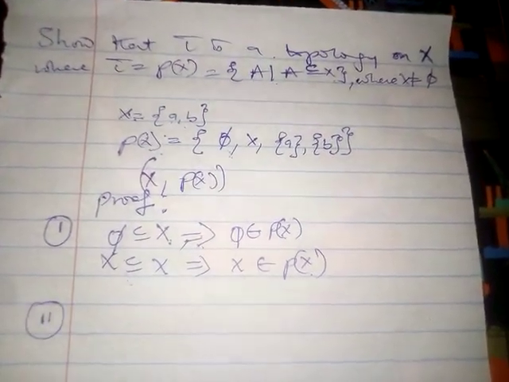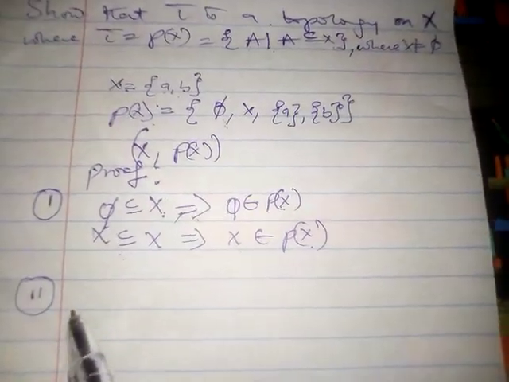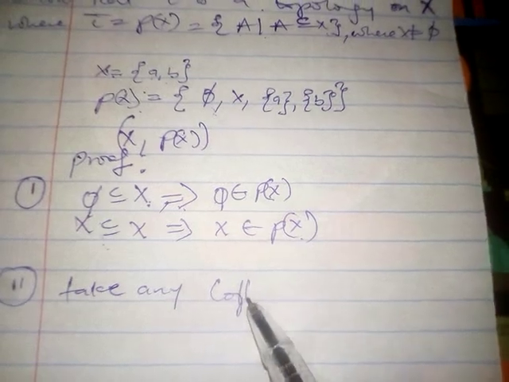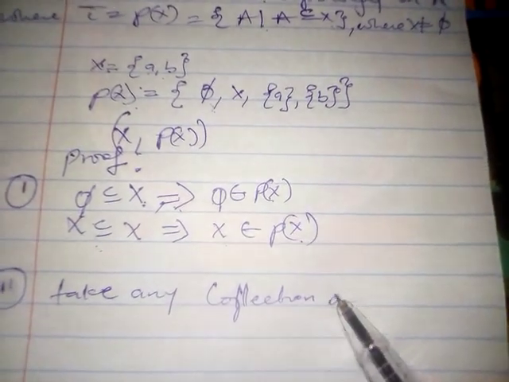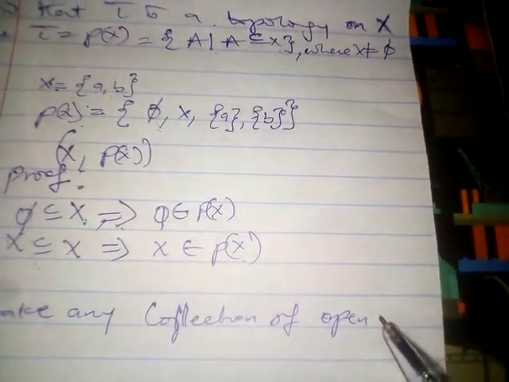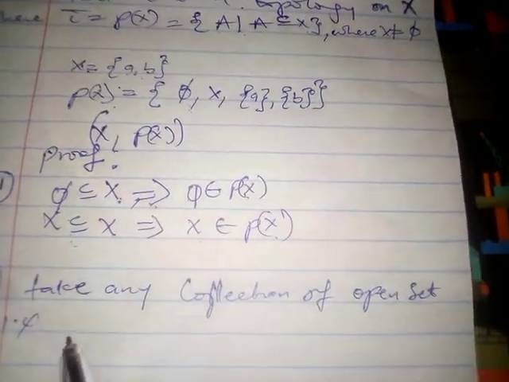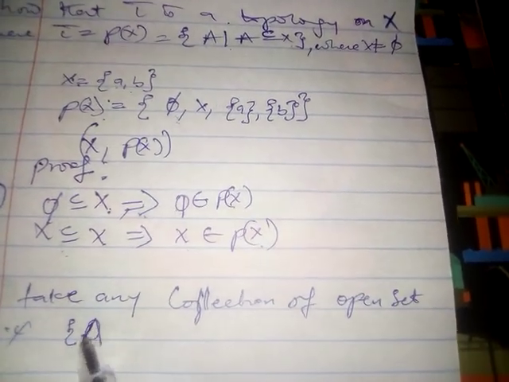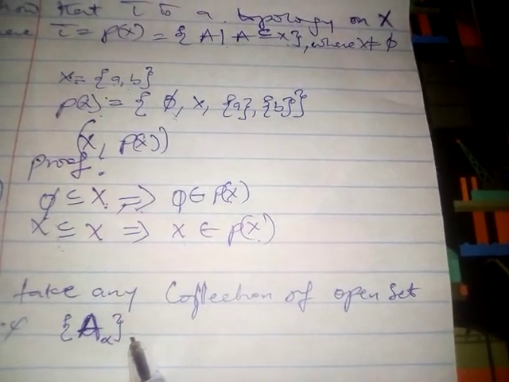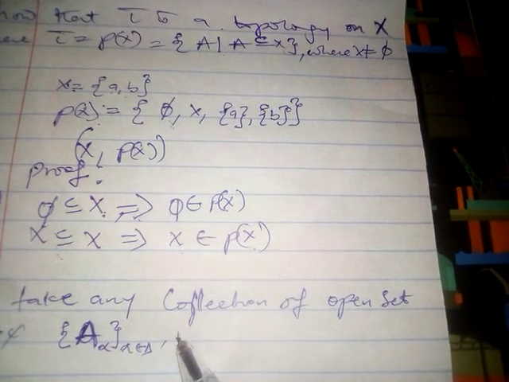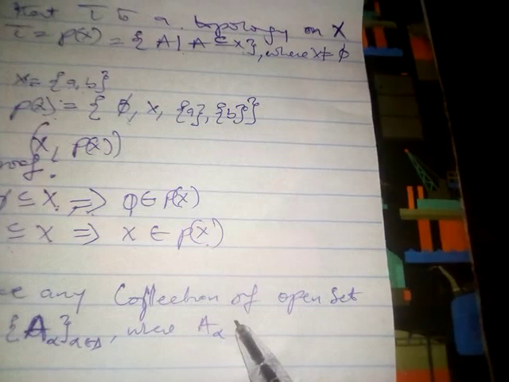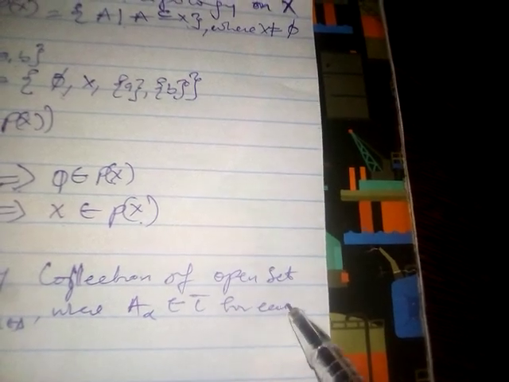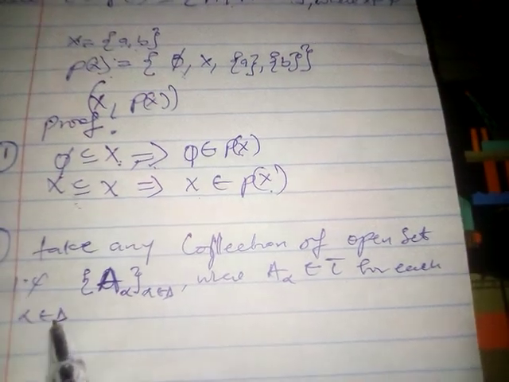Now the second axiom. Take any collection of open sets, that is, let's say a collection of, let me not use O, let me use A alpha, such that alpha is in delta, where A alpha is in the topology for each alpha in delta.